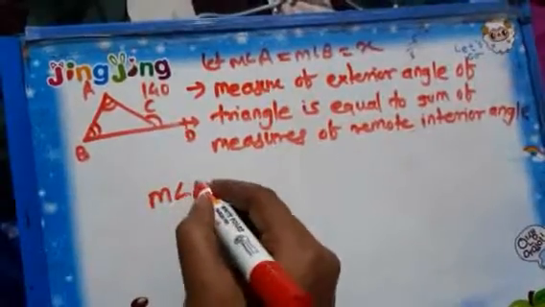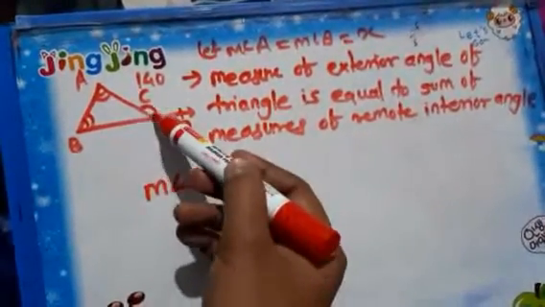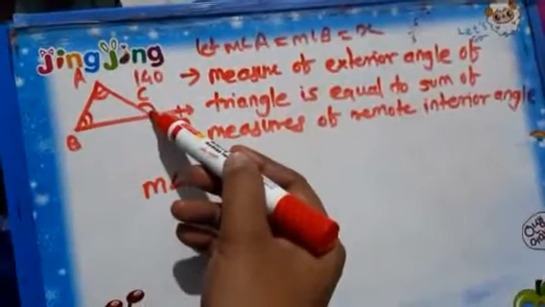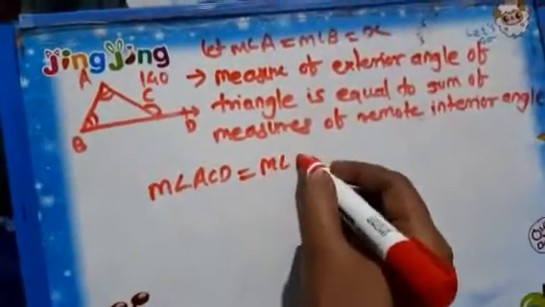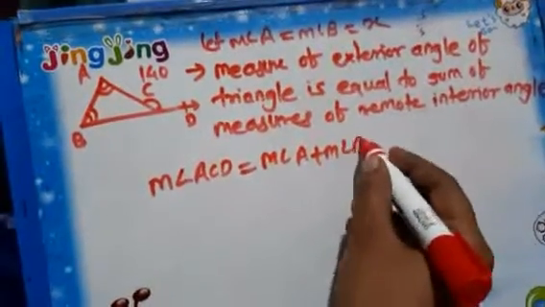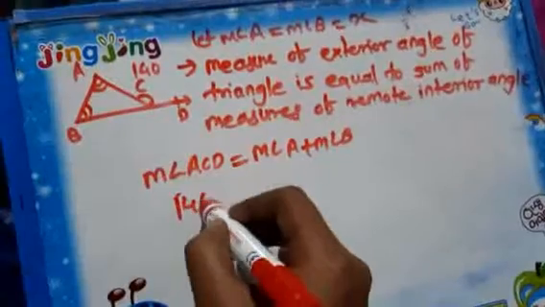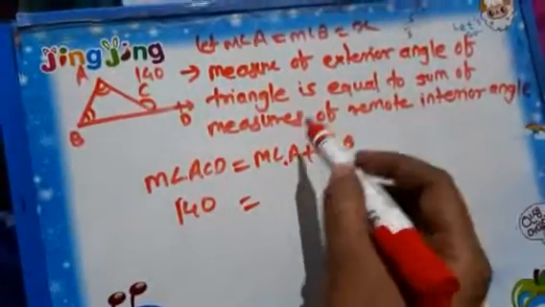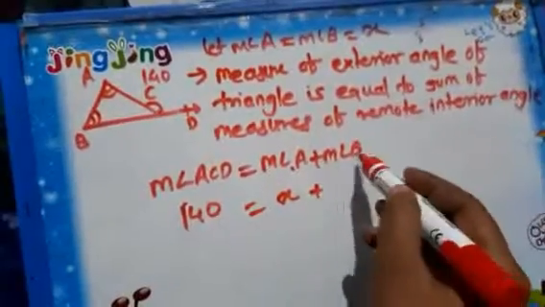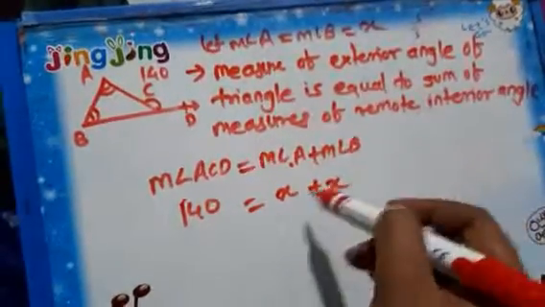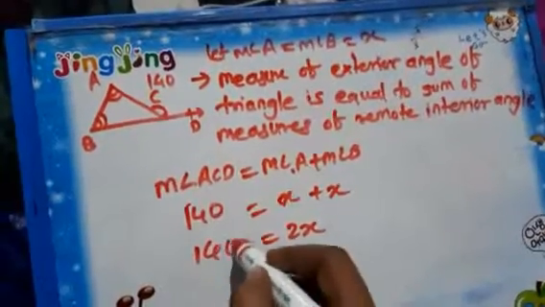So measure of angle ACD is equal to, for this exterior angle, the remote interior angles are these two, A and B. So it will be measure of angle A plus measure of angle B. But ACD is given as 140 degrees, and measure of angle A we have assumed as X and measure of angle B also we have assumed X. So X plus X, 2X is equal to 140.